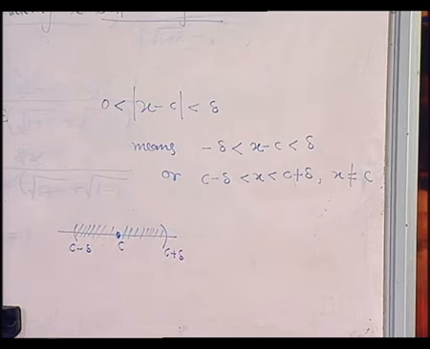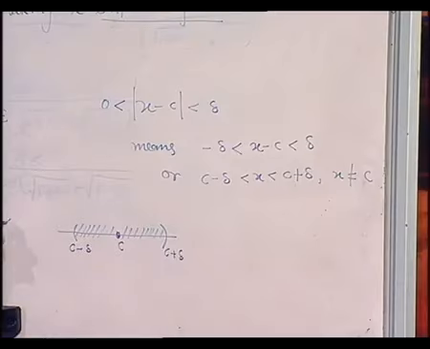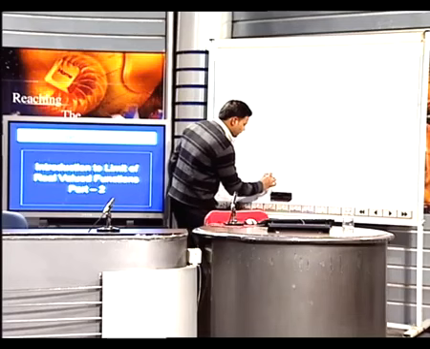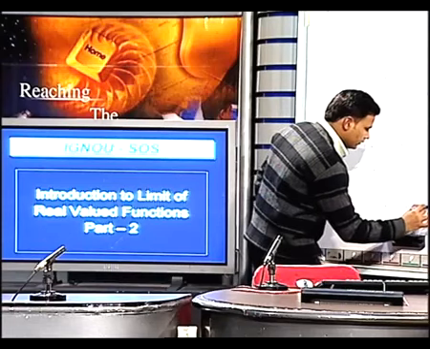Similarly here, mod f(x) minus L is less than epsilon. It means that f(x) lies between L minus epsilon and L plus epsilon.